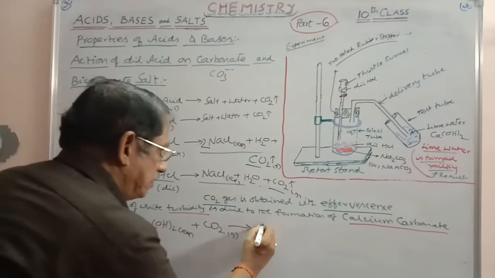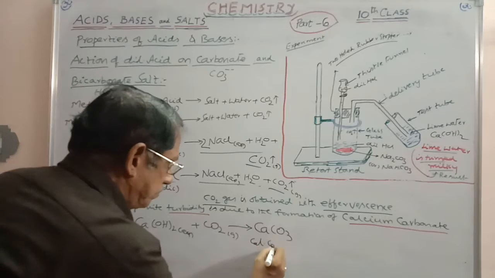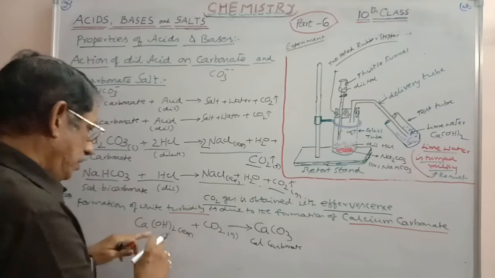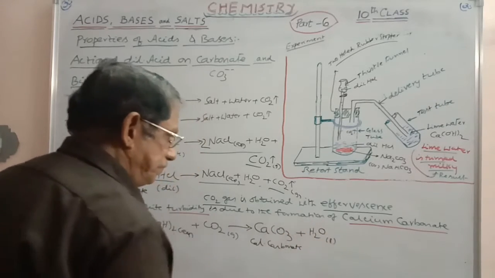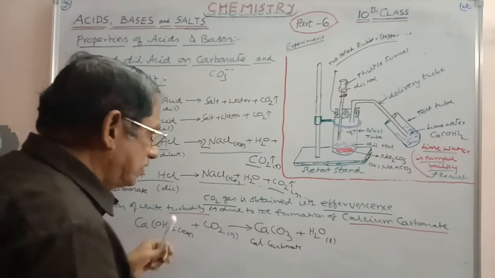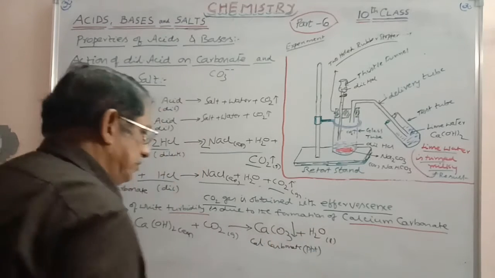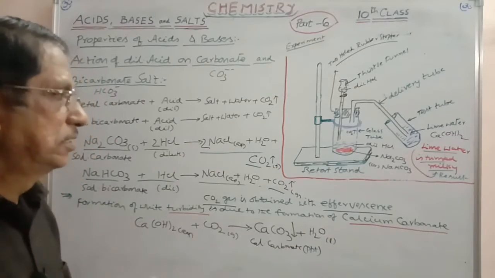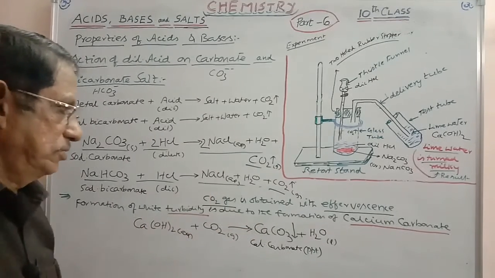CaCO3 is obtained, that is calcium carbonate, plus H2O, which is liquid. Calcium carbonate is insoluble in water, as a result of which it is precipitated. It is a precipitate or white turbidity, spreading all over the solution. It becomes turbid. So that is the formation of calcium carbonate.